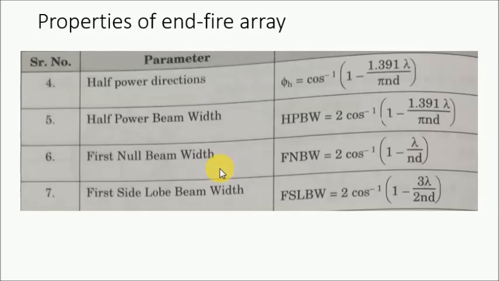If phi is equal to 0, put alpha equal to minus beta d. If phi is equal to 180 degrees, put alpha equal to plus beta d. In this case, we have discussed phi equal to 0 degrees and alpha equal to minus beta d.